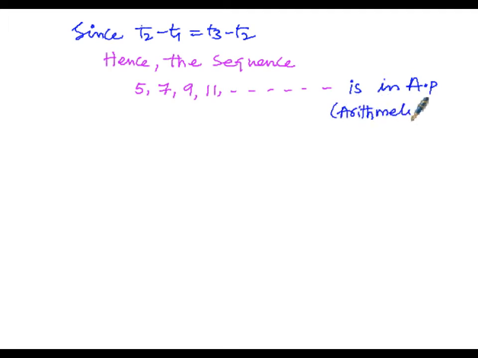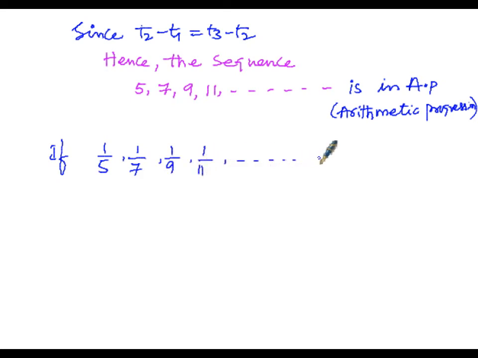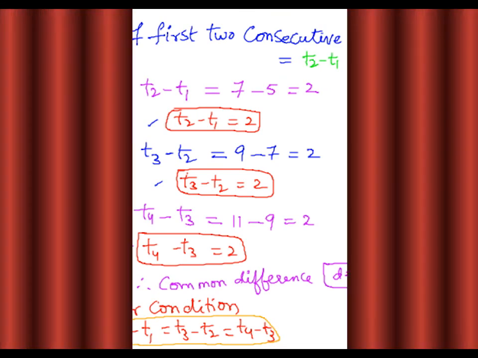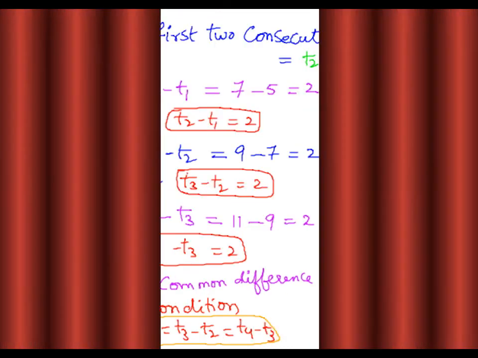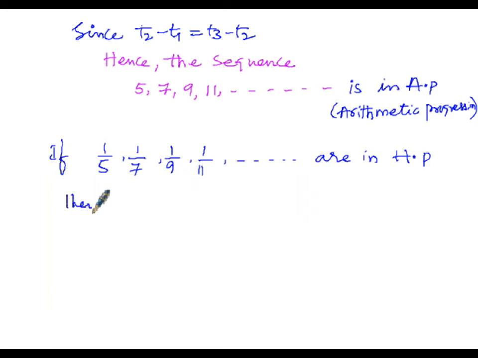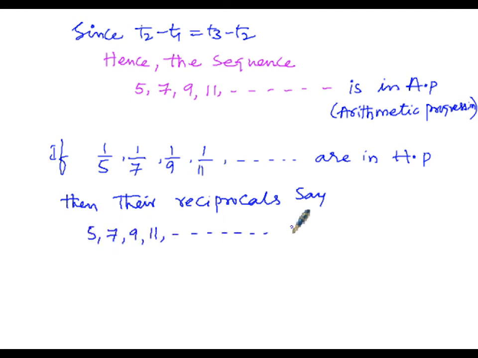So from this it is clear that if 1 by 5, 1 by 7, 1 by 9, 1 by 11 and so on are in harmonic progression, as we assumed in the beginning, then the reciprocals 5, 7, 9, 11 and so on are in arithmetic progression.